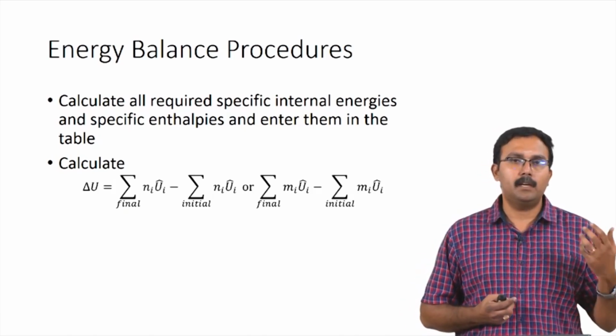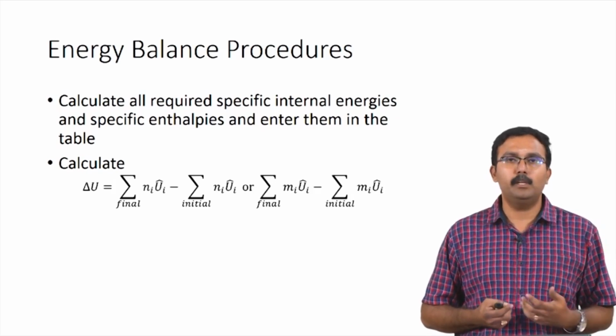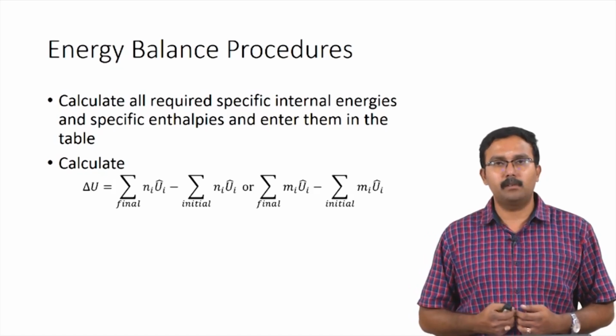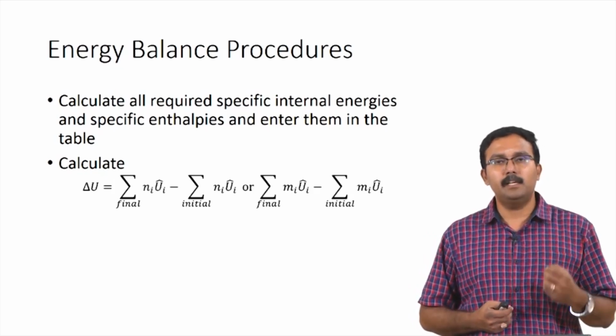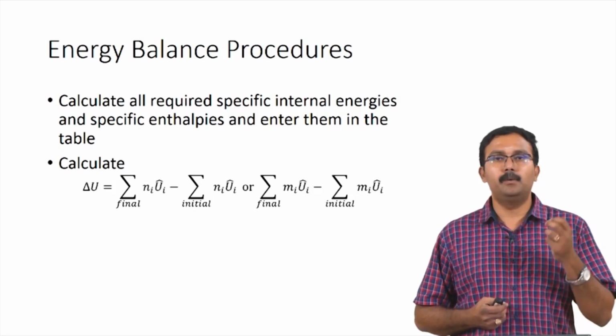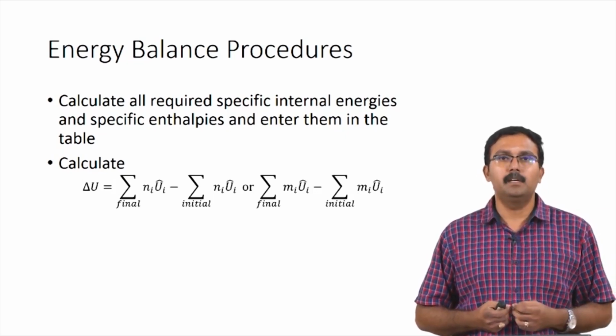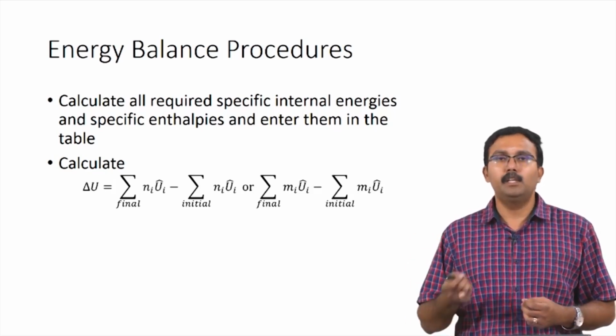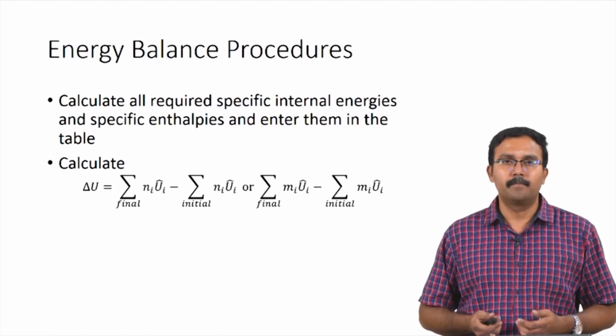It could also be in terms of Mi ui cap instead of Ni ui cap, depending on the units for the internal energy which you have calculated. If the specific internal energy you calculated is joules per mole, then you would use number of moles of each component. If the units for specific internal energy is joules per kilogram, you would use masses instead of moles.